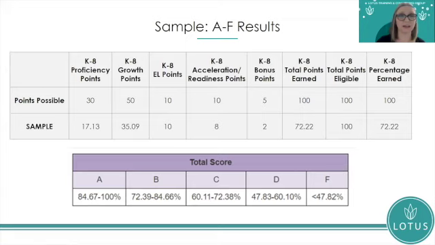If you're looking at this sample data, what would you say is the strength at this school? And if you're following along with your sample data or your own school's data and you want to just share, what do you think the strength is based on just this high level?